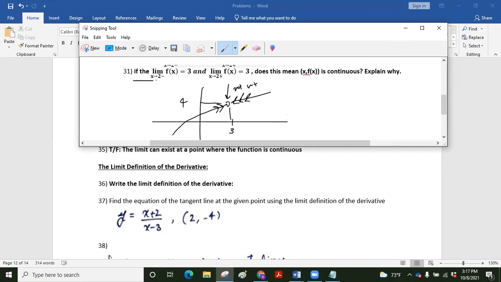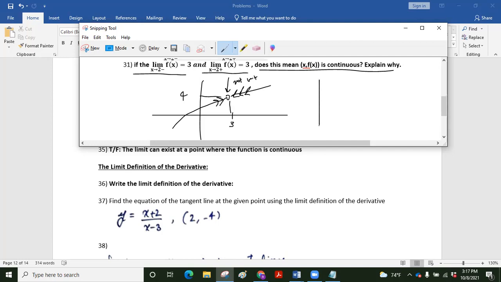So it says if the limit as x approaches 2 from the left is 3 and from the right is 3, does this mean that the point is continuous there? So it can mean that the point is continuous. Like there's a possibility that you have a graph like this where the limit exists and it's also continuous, but it doesn't have to be the case, right?